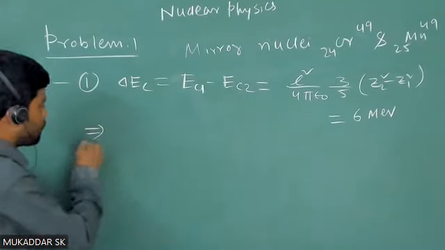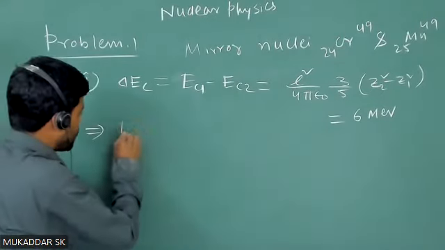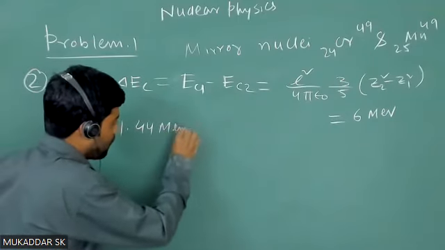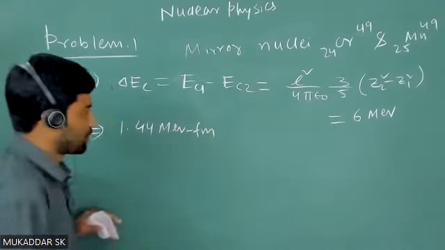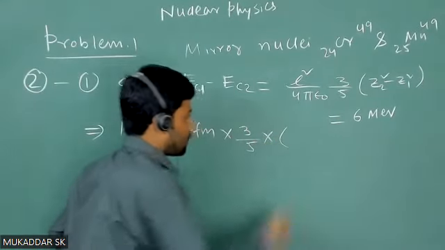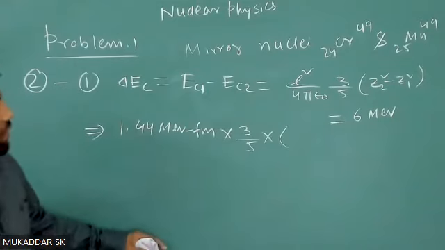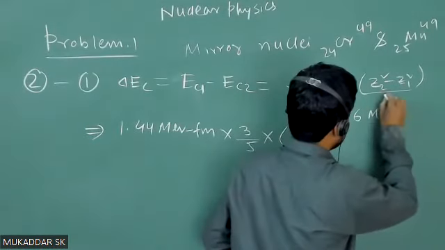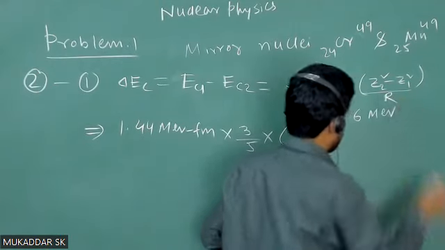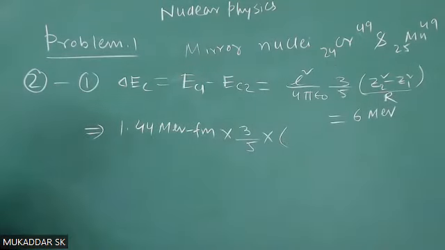Now I'll substitute that value of E square by 4 pi epsilon naught, that is provided, 1.44 mega electron volt femtometer. In fact, I can write that 3 by 5 here. And what I made mistake, I have not written here the radius of nucleus, right? I have to write the radius of nucleus also.